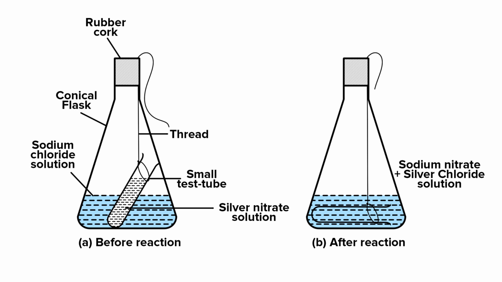Now the question comes: why did he put a cork on the mouth of the flask? Sometimes during a chemical reaction, some gases like hydrogen gas are released, and they should not escape. If they escape, then the mass will vary after the reaction.